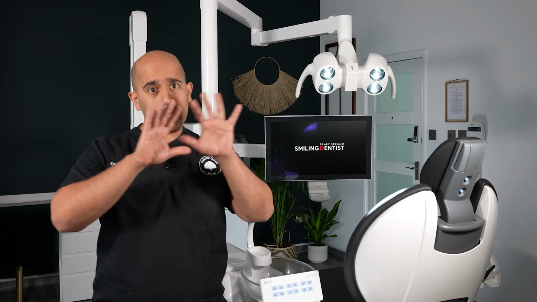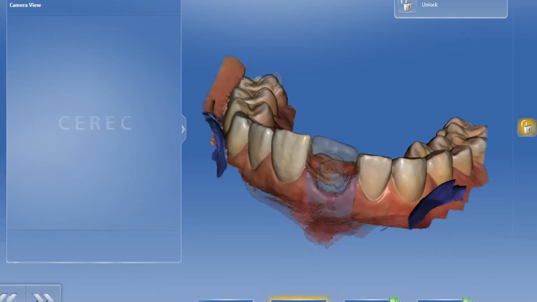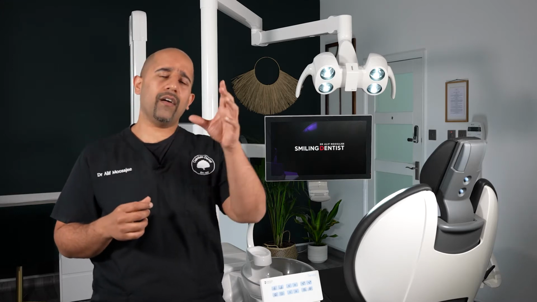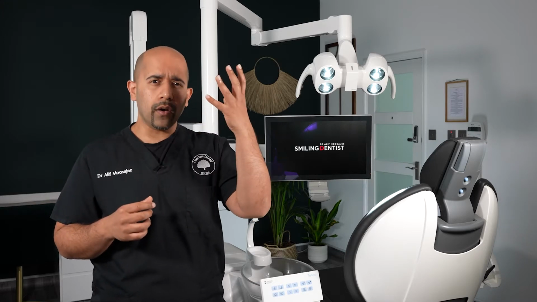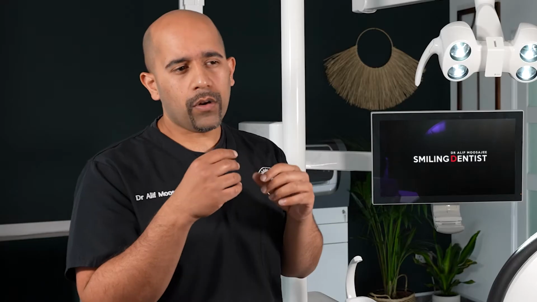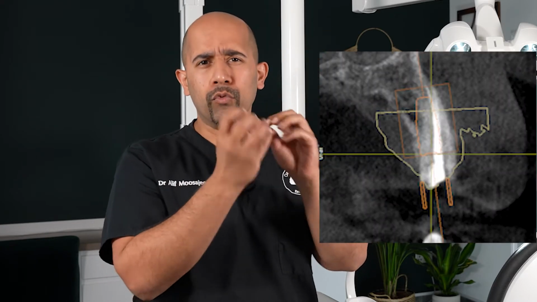What I always start with is obviously we need to take a CT scan, and we need to take a digital scan as well, an intraoral scan, so that we can merge that information. Now with that information, the kind of things I'm looking at, most importantly, are if there is a good and favorable root anatomy. One of the things which will upset this treatment is if you have a very big root.